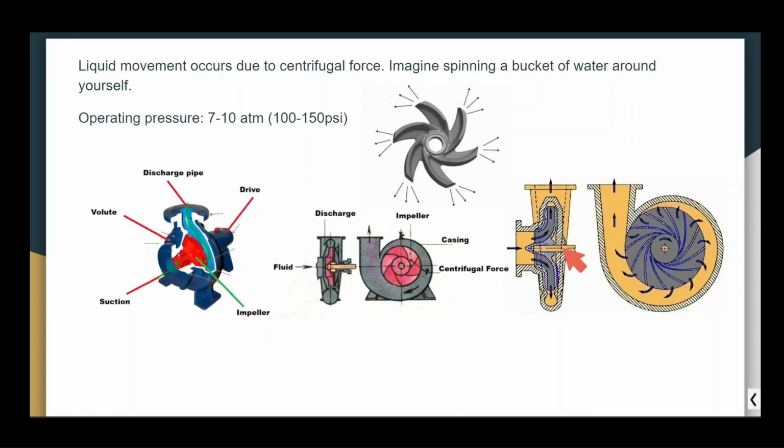So this is a drive shaft. The impeller is attached by a special pin connection to the drive shaft, and the drive shaft rotates alongside the impeller, in either direction, clockwise or counterclockwise.